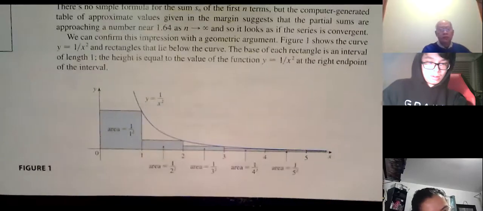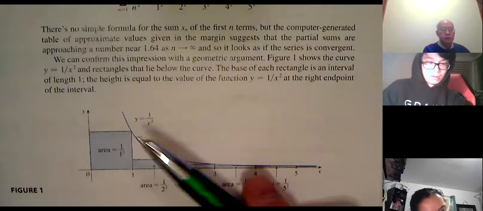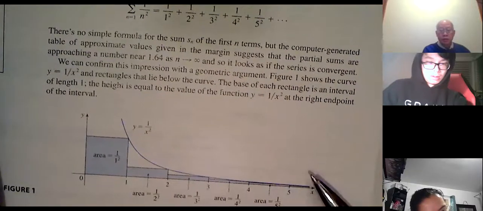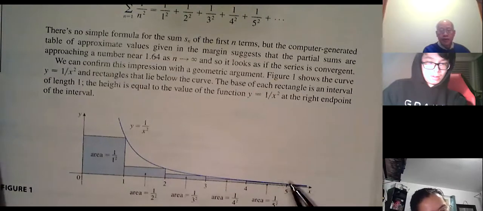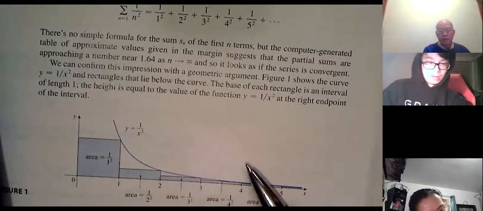So in the convergent case, if you know that the integral converges, the sum of the rectangles' areas cannot go to infinity. It's stuck below something which already converges.